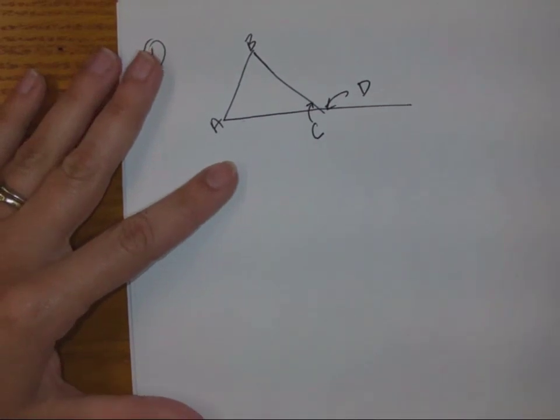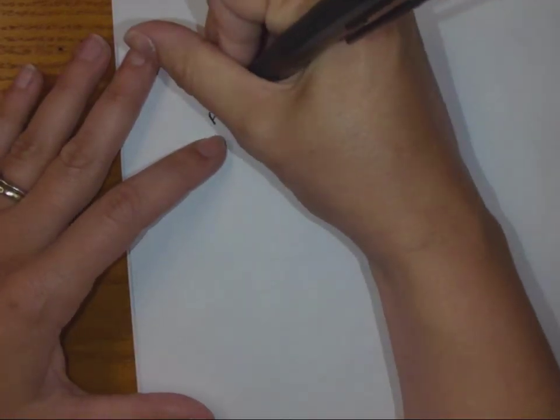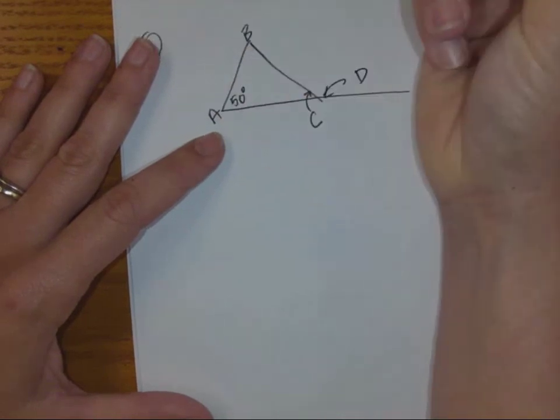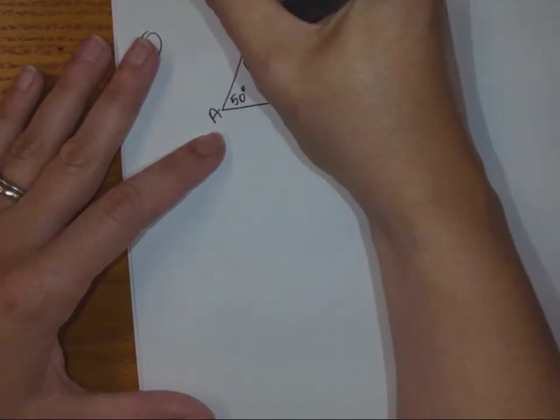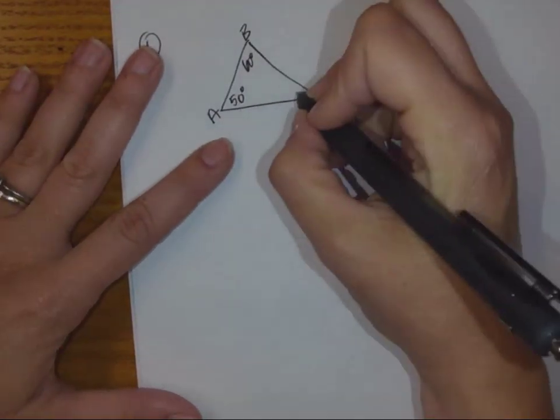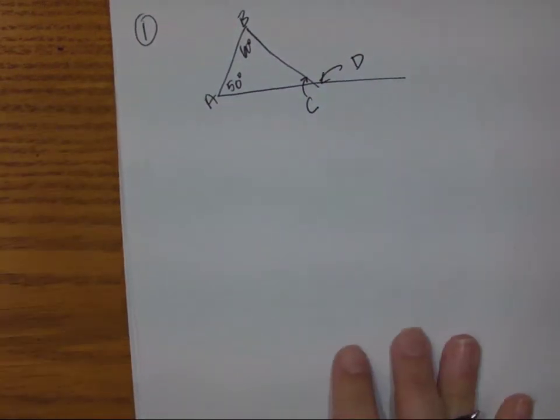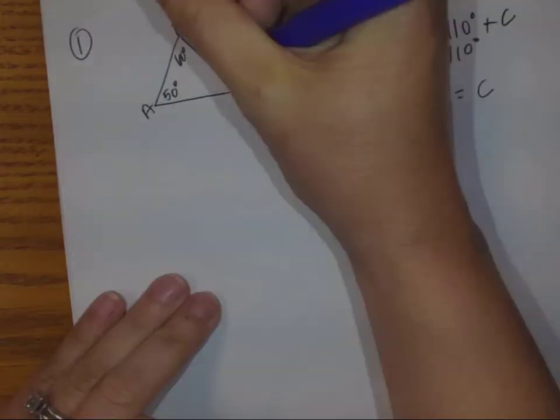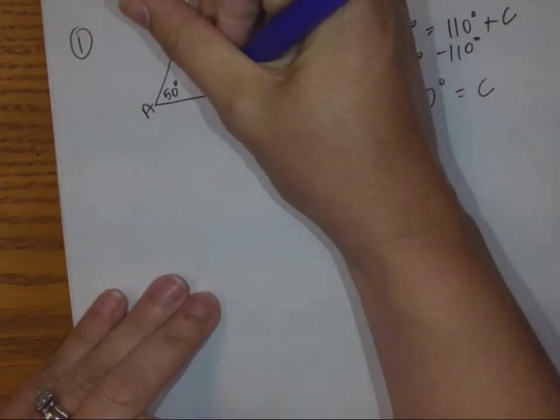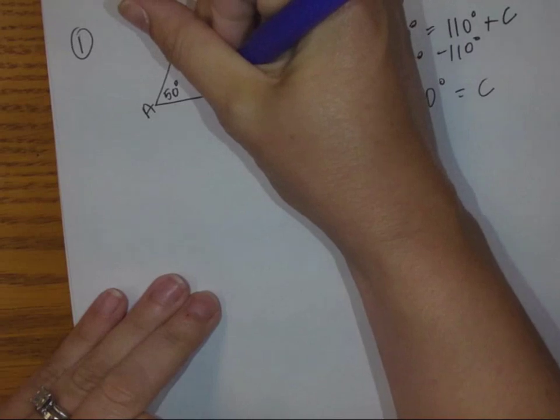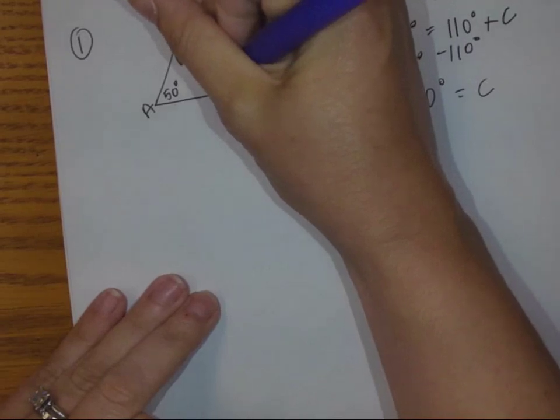So these are vertical angles. Like this one and this one are vertical angles. We also have this one and this one are vertical angles.